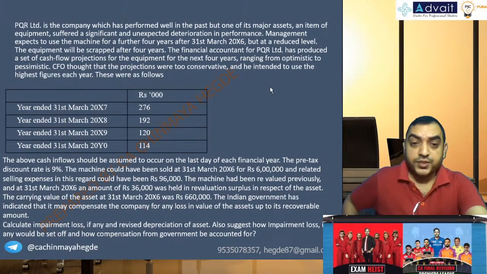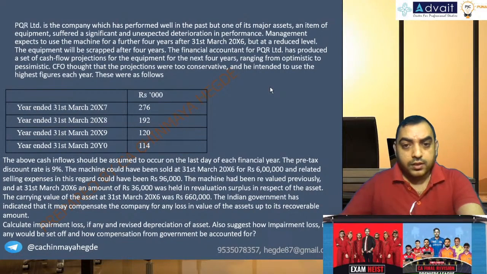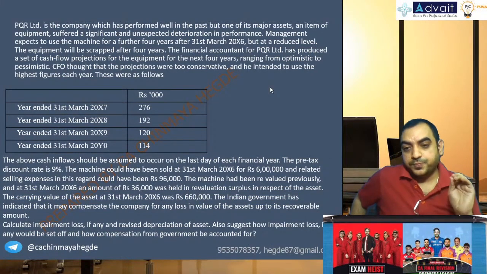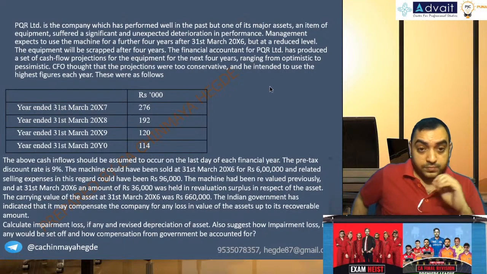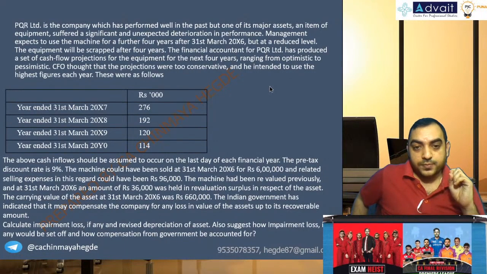Okay, we'll do a problem which is a recent RTP question. Let's read. PQR Limited is a company which has performed well in the past, but one of its major assets, an item of equipment, suffered a significant unexpected deterioration in performance. Management expects to use the machine for a further 4 years after 1st March 2006, but at a reduced level.